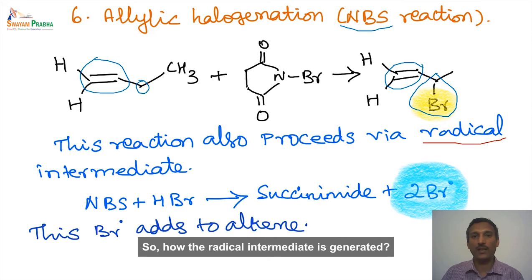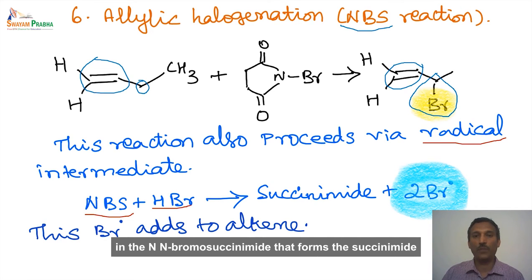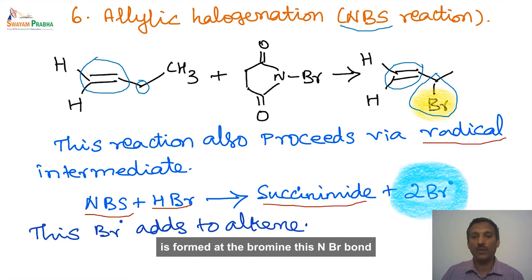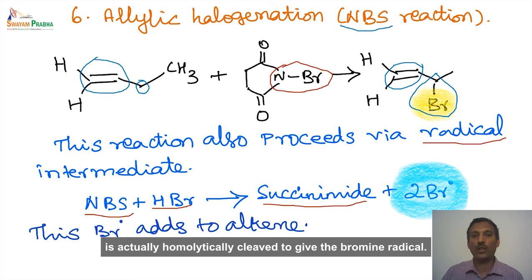So how is the radical intermediate generated? The NBS, or N-bromosuccinimide, reacts with a trace amount of HBr which is present in the N-bromosuccinimide. That forms the succinimide, and the bromine. This N-Br bond is actually homolytically cleaved to give the bromine radical.